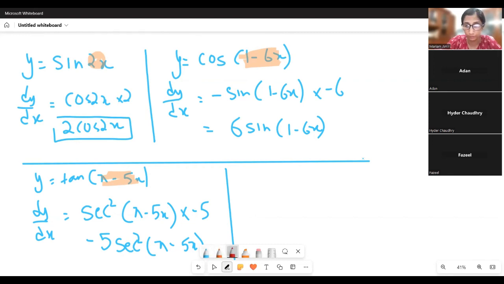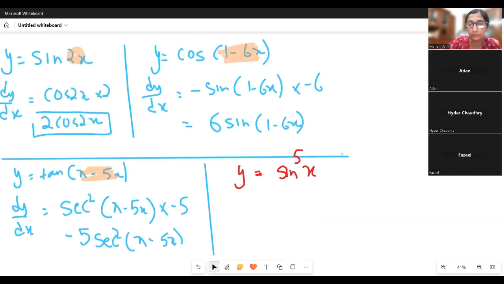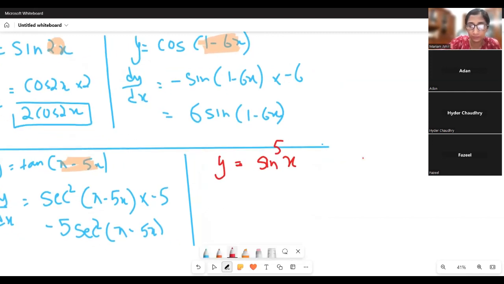Now, this would be a function inside a function. It's sine power 5x. Okay. So sine power 5x means, let's rewrite this as y equals (sine x) power 5.